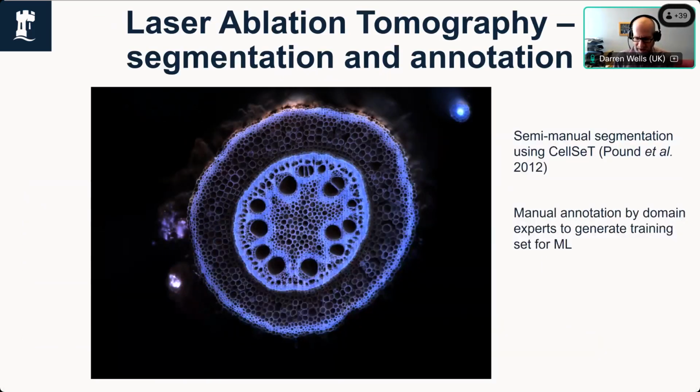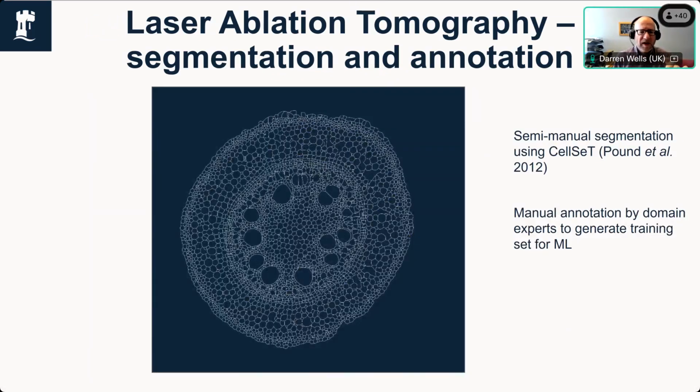So as with all our systems, knowing what we want to see, getting that data out of the images is actually quite tricky. First thing we did was use a program we developed for confocal images called CellSet, which lets us create a mask of an image and then segment out the pieces inside that image.